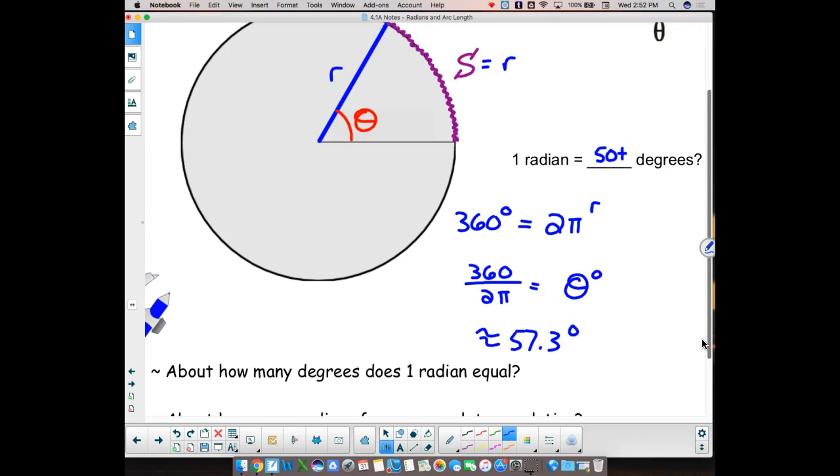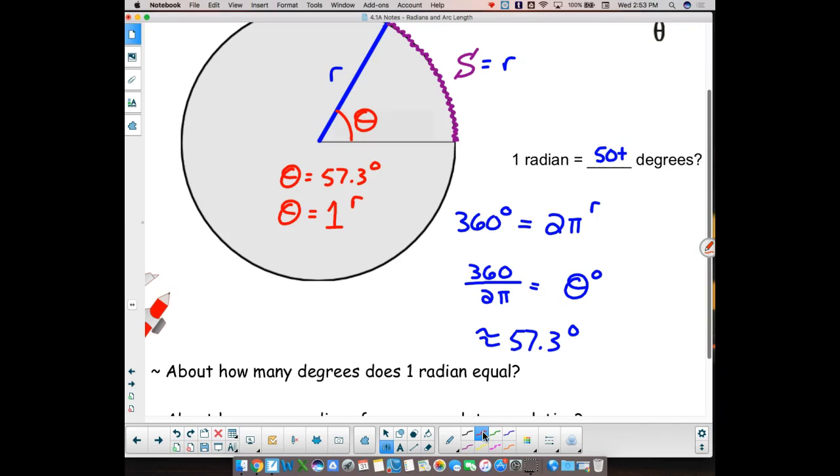So theta in degrees is 57.3. Theta in radians is 1. Okay? So my red theta here is equal to 57.3 degrees. Theta is equal to 1 radian.